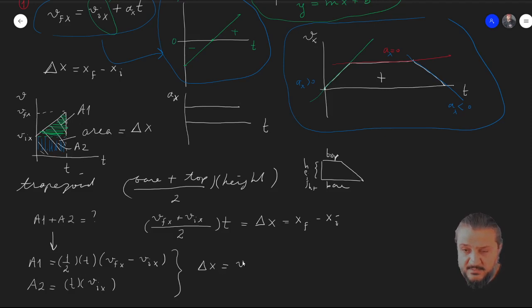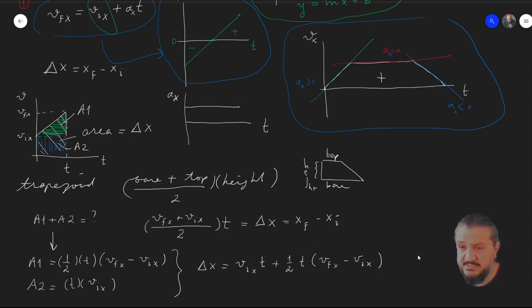That would be VIXT, that's A2 plus A1, 1/2 T times V final x minus V initial x. Now, is this equal to what we just found above? Yeah, actually they are equal.